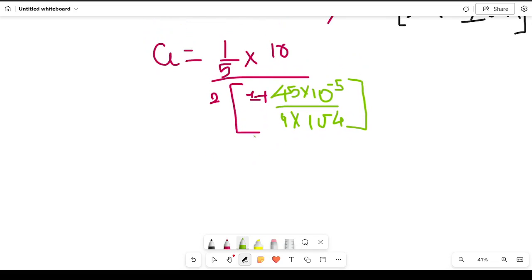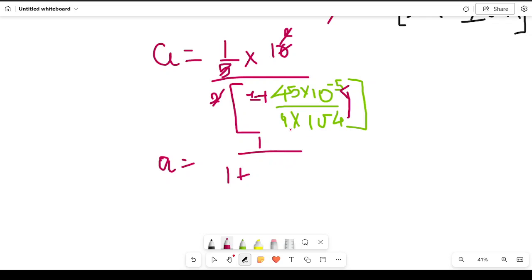Now if I solve it further, I will get a is equal to, this 2 and this 2 cancel, so it is 1 upon 1 plus 45 into 10 to the power minus 5. This 10 to the power minus 4 will go up and add with this, and it will become 45 into 10 to the power minus 1, that is 4.5.